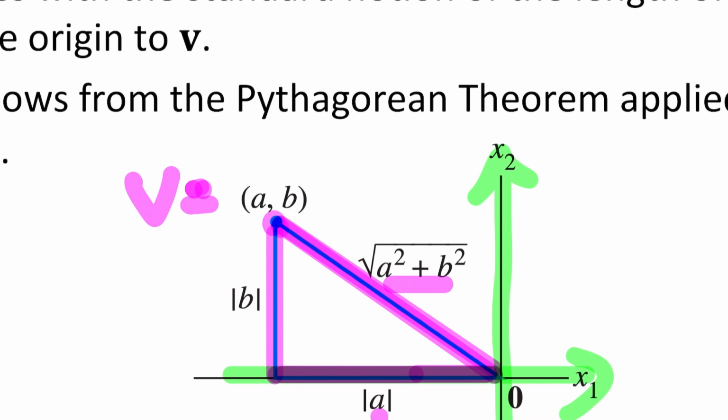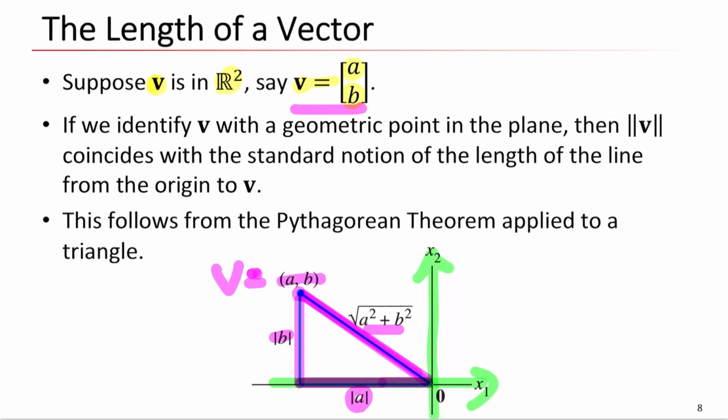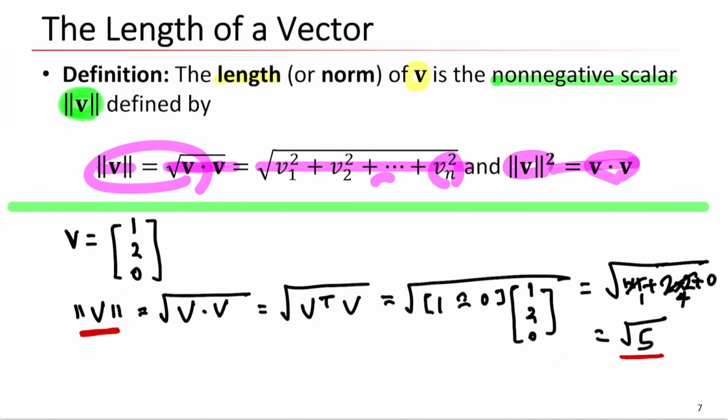In this case, the length of this one is just a, because this is (a, b), and the length of the other one is b. So the length is the square root of a squared plus b squared.